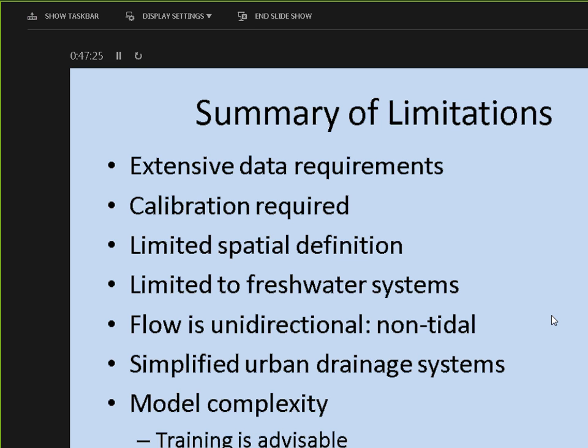It's not able to do that. It's got a strong representation of impervious surfaces, but it does not include the explicit representation of pipes and culverts like SWMM does. It's a complex model, and if you're getting into it, they recommend you take some training, because the development of expertise takes time.